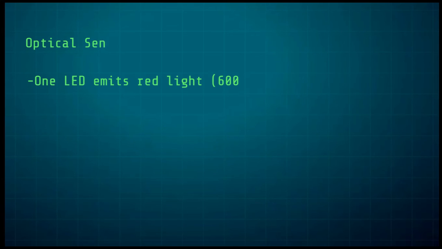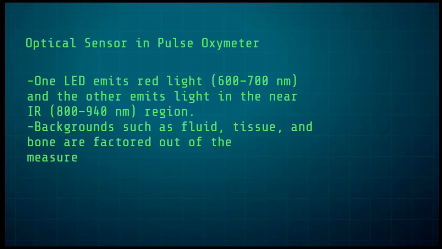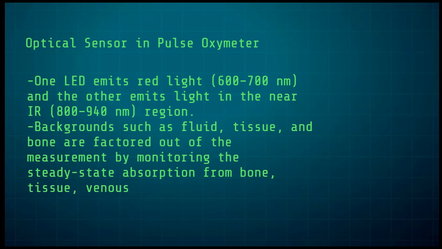One of the commercial sensors is the optical sensor in the pulse oximeter. A pulse oximeter is a state-of-the-art non-invasive method for determining the percentage of hemoglobin saturated with oxygen, an important measure when administering anesthesia, determining the effectiveness of the respiratory system, or diagnosing various illnesses such as pneumonia, pleurisy, and asthma.